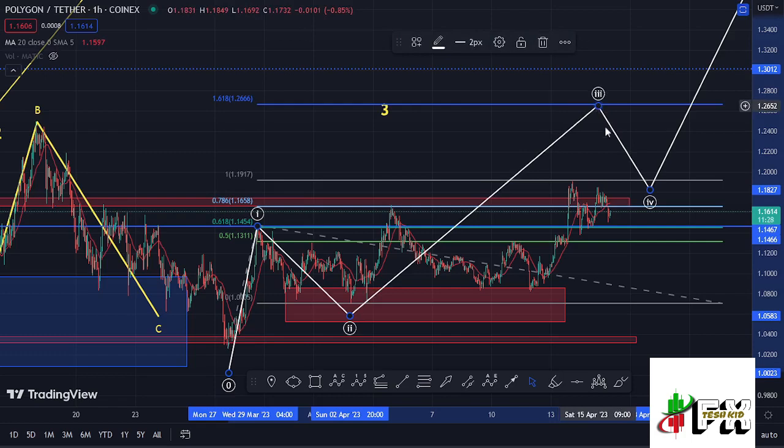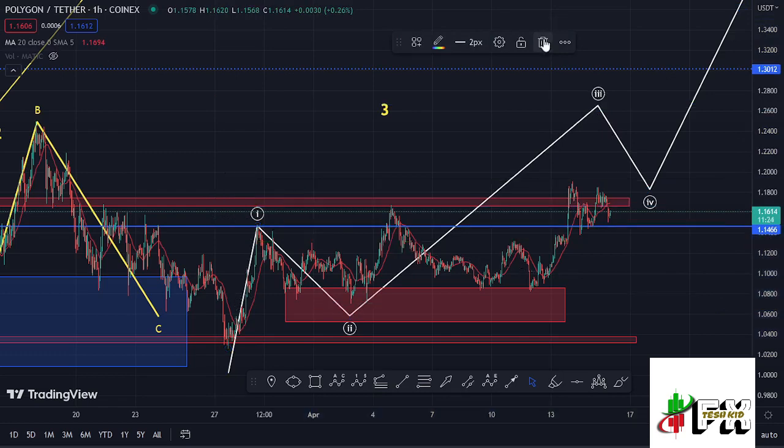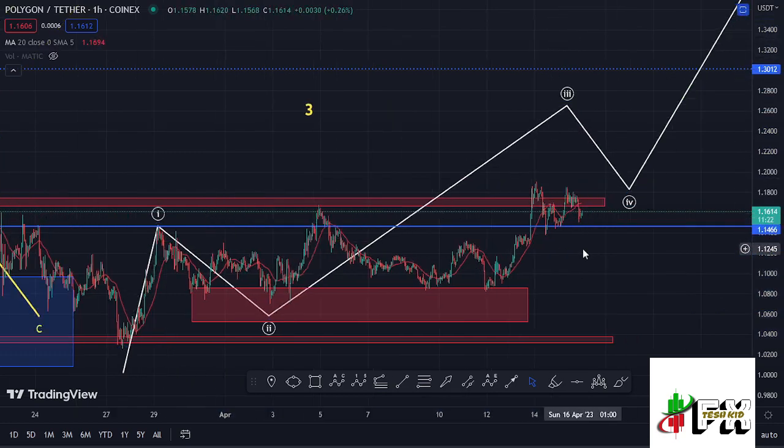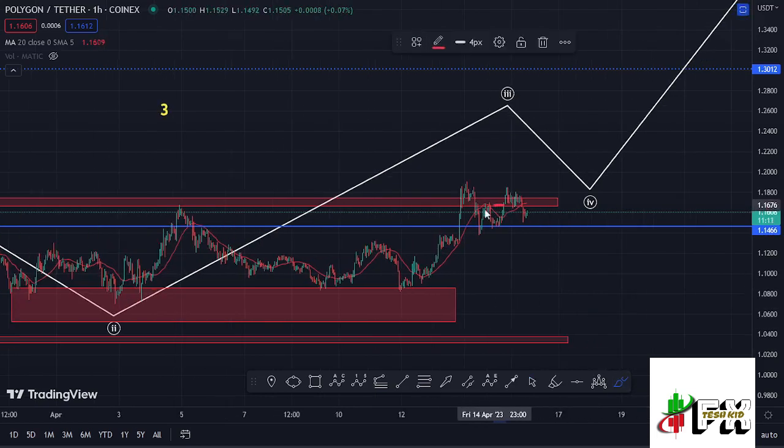And for that to also play out, there are key moves that we need to keep our eyes on. And the first one is that we need to continue holding above the wave 1 high of this Elliot wave structure, which lies at around the $1.1466 mark. And at the time of this recording, you can see that we are holding above the wave 1 high, which is enough confirmation of the impulsiveness in this move that we are seeing right here.